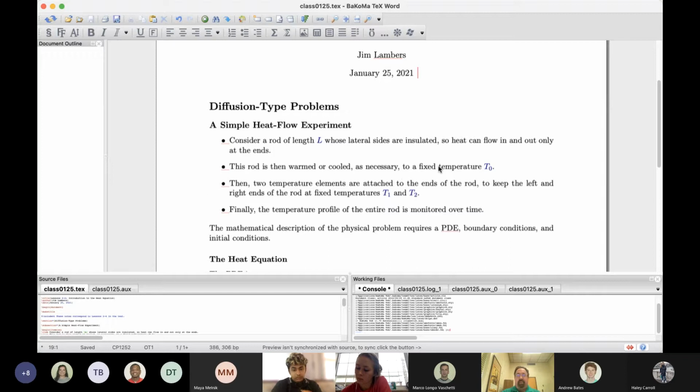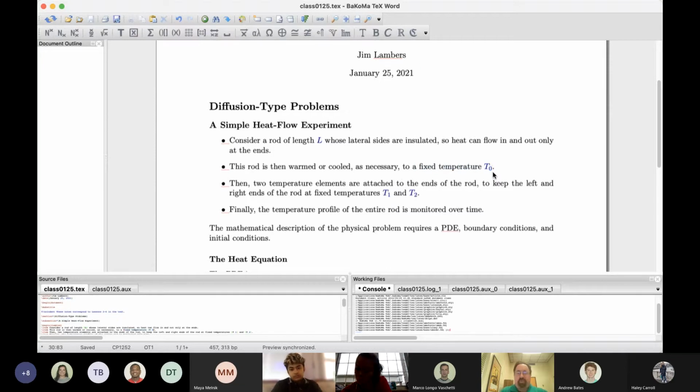Okay. So here we have what is called an initial condition, what the temperature throughout the rod is now, and then boundary conditions, what the temperature is at the endpoints. So given those conditions, and based on physical laws, how does the temperature throughout the rod change over time? And that is what the heat equation is meant to tell us.